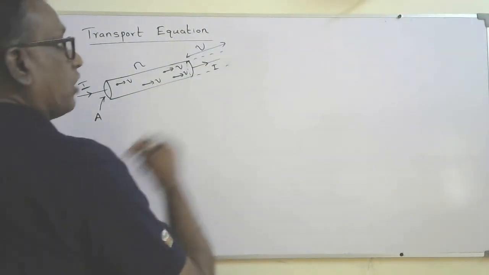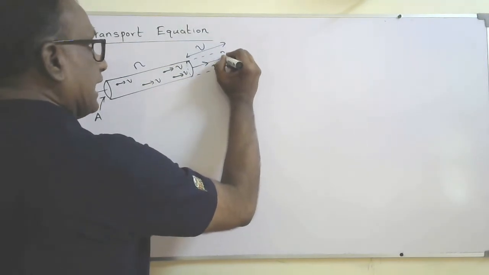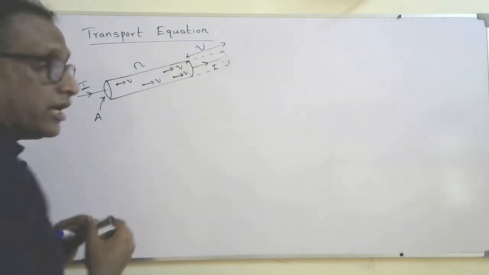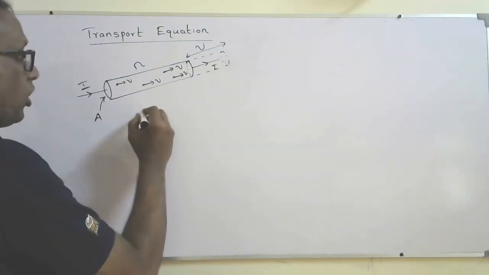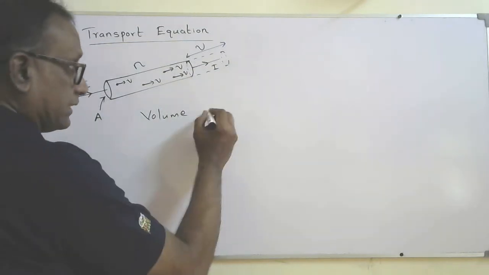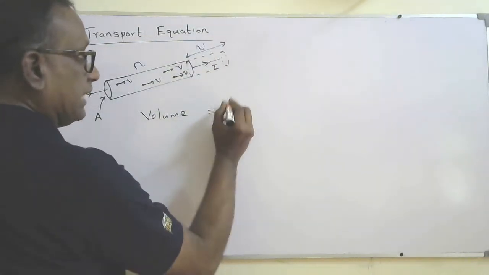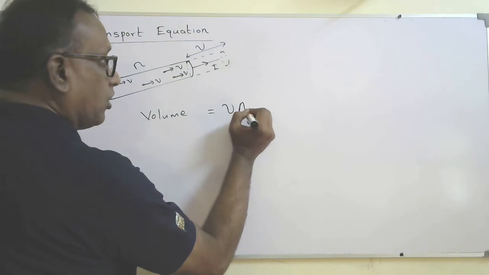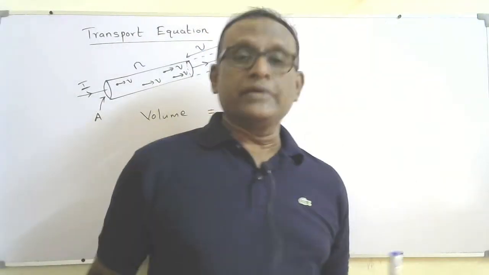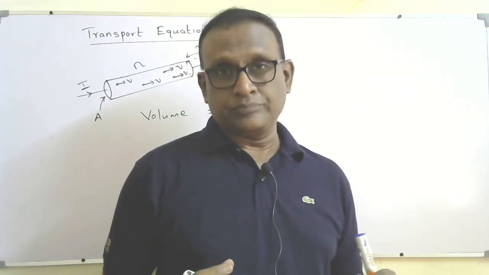Okay, so the area of cross section here is A. So the volume of electron column coming out through the wire will be equal to the length of the electron column times the area of cross section. That is the total volume of electron column coming out through the wire per second.